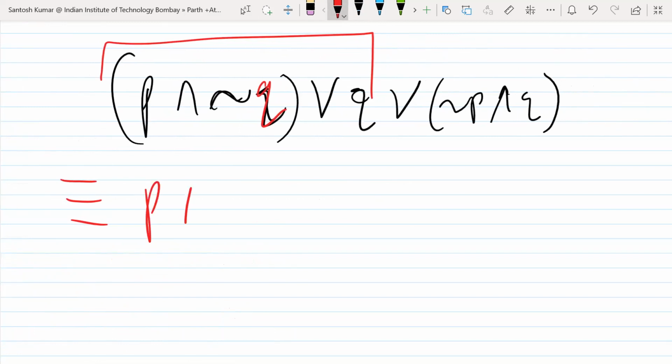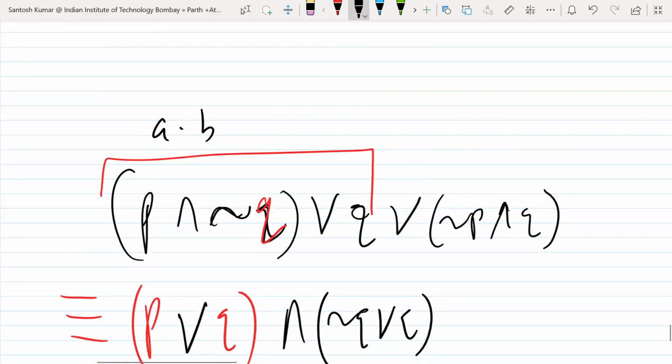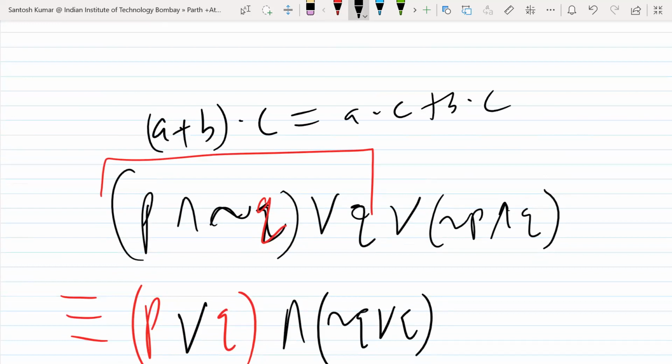So first, let me distribute this. P and Q, sorry. P or Q and not Q or Q. So when you forget, you remember this: A plus B into C. So A into C, B into C. So the middle sign comes in the middle.